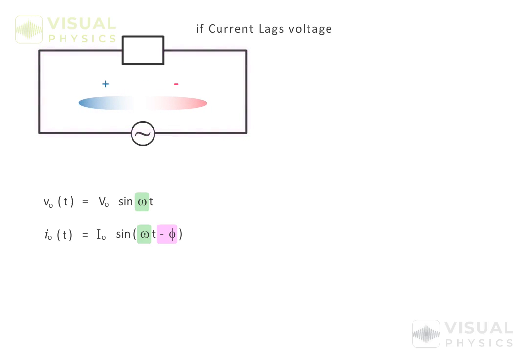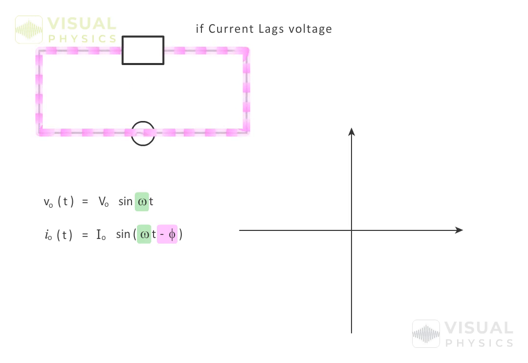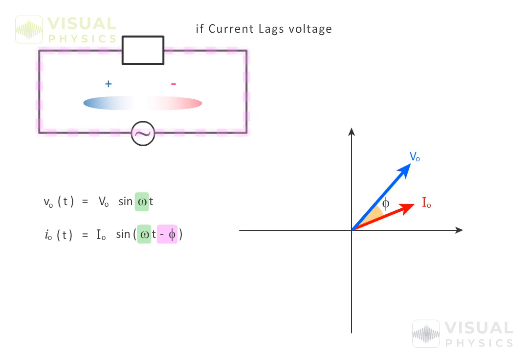If current lags voltage by a phase of phi, then in the phasor diagram, the amplitude vector of current is behind the amplitude vector of voltage by a phase of phi.